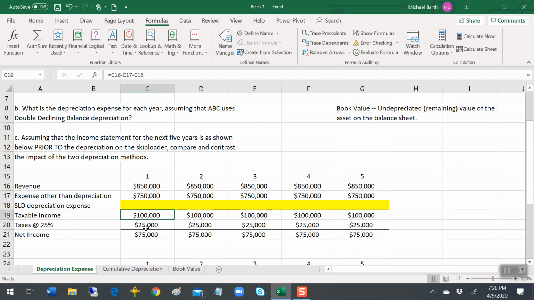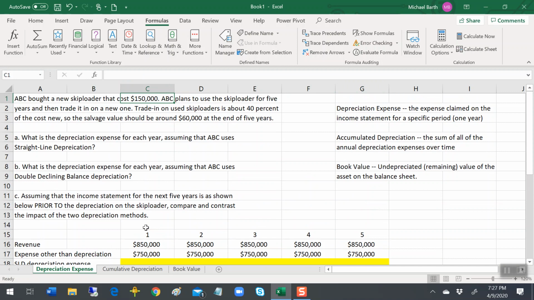All right, so if they claim the total value of the skip loader right away, that'd actually be good, but they aren't allowed to do that always. So we have the company here taking straight line depreciation. We'll also look at double declining balance. Straight line depreciation, pretty simple stuff.